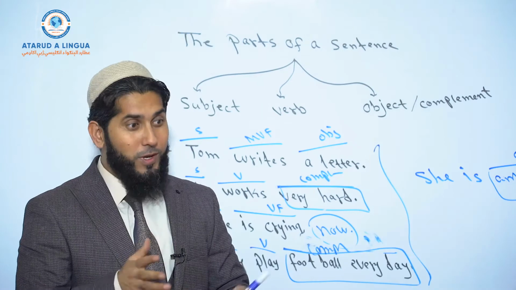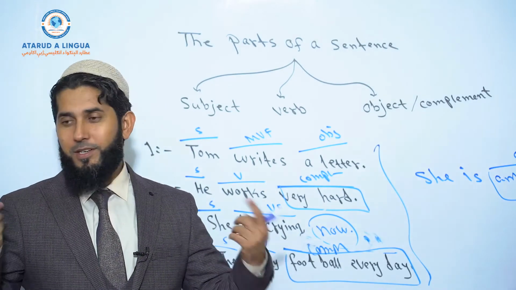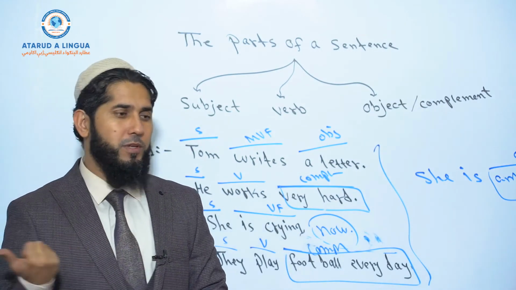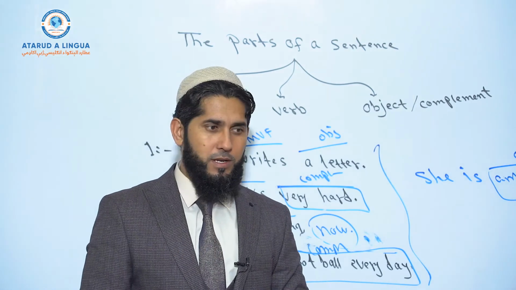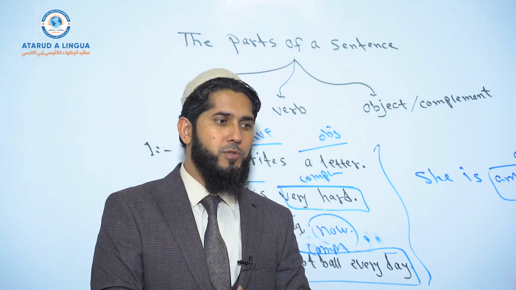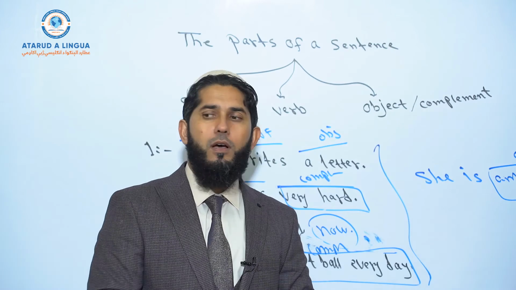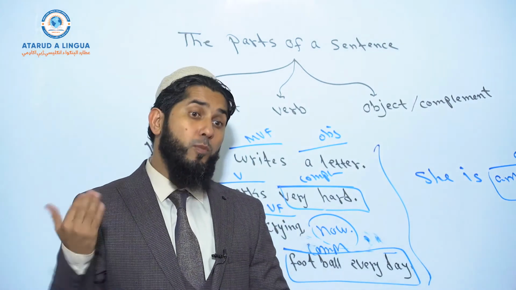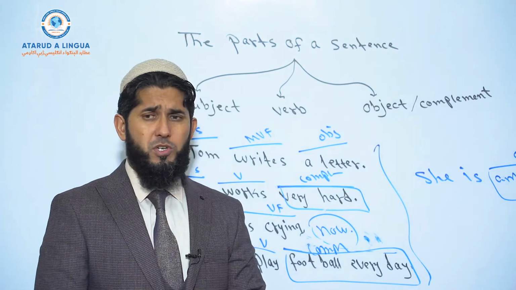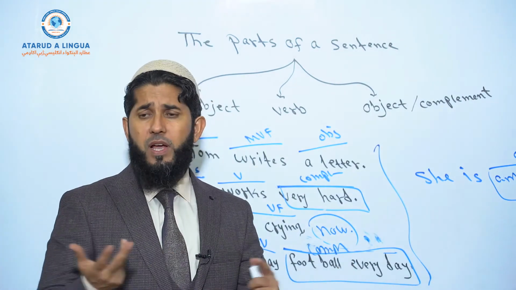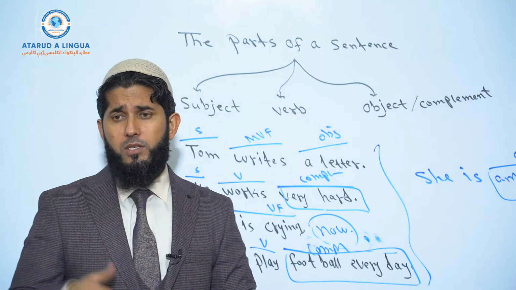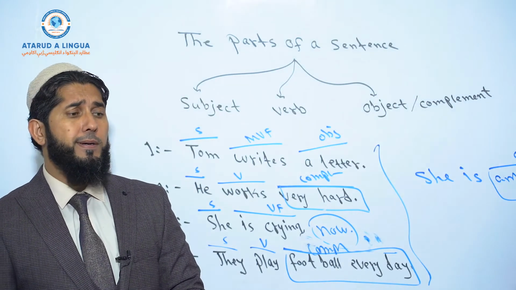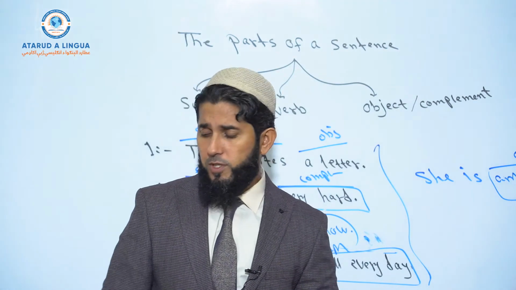So subject plus verb, and that is a sentence. There's no complement, there's no object, but it's still a sentence. Why? Because the verbs in these sentences are intransitive verbs. Intransitive verbs don't need objects. If you bring anything like a time expression or adverb of time, adverb of place, that will be complement.